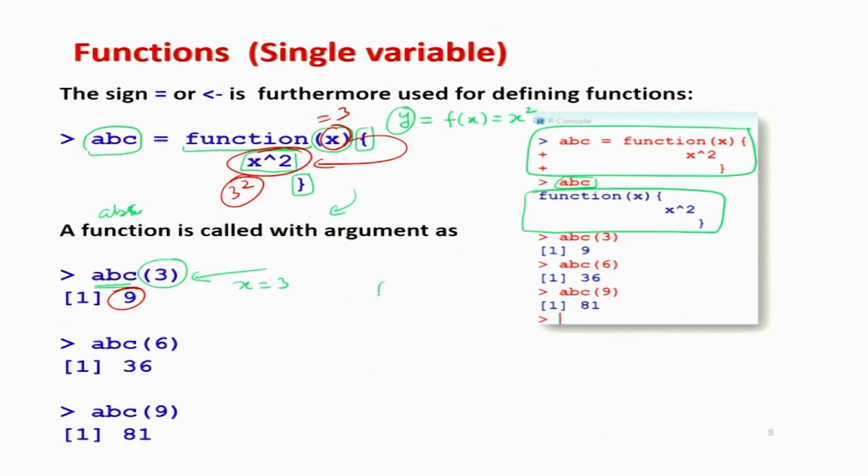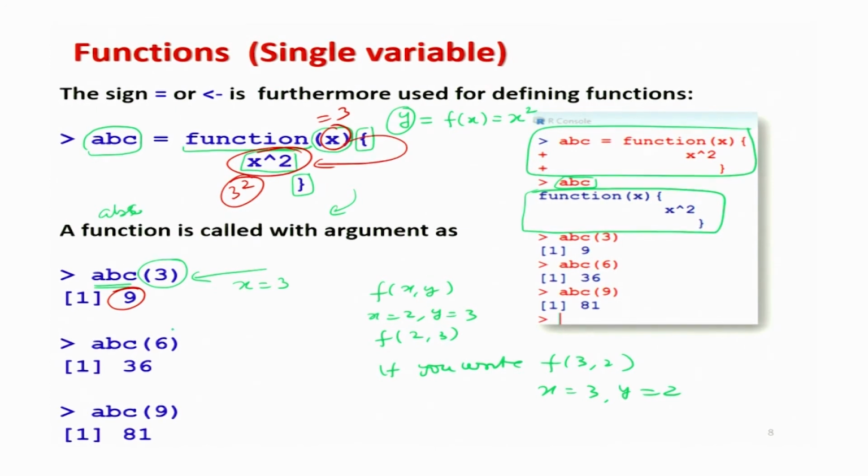For example, if your function is written like f(x, y), and you want x equal to 2 and y equal to 3, then you have to write f(2, 3). But if you write f(3, 2), then obviously x will become 3 and y will become 2, and you may get a wrong outcome, right? So you have to be careful.